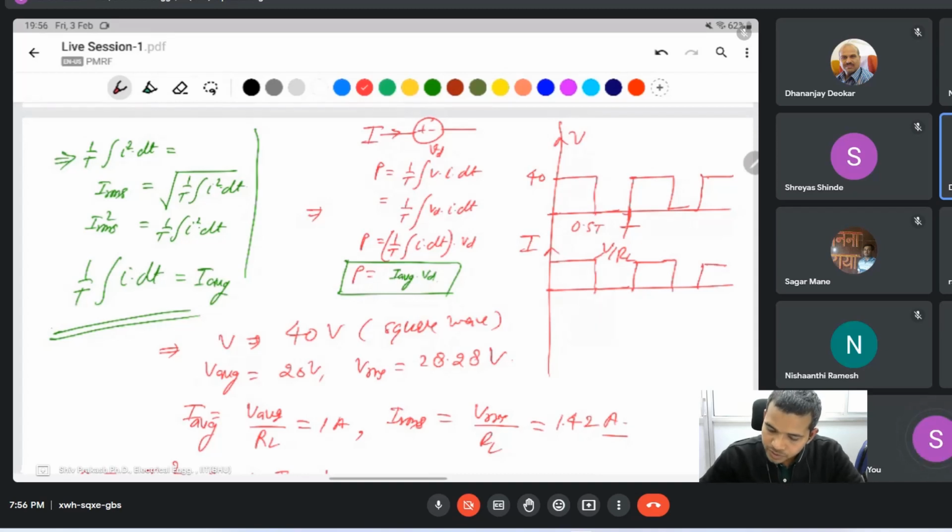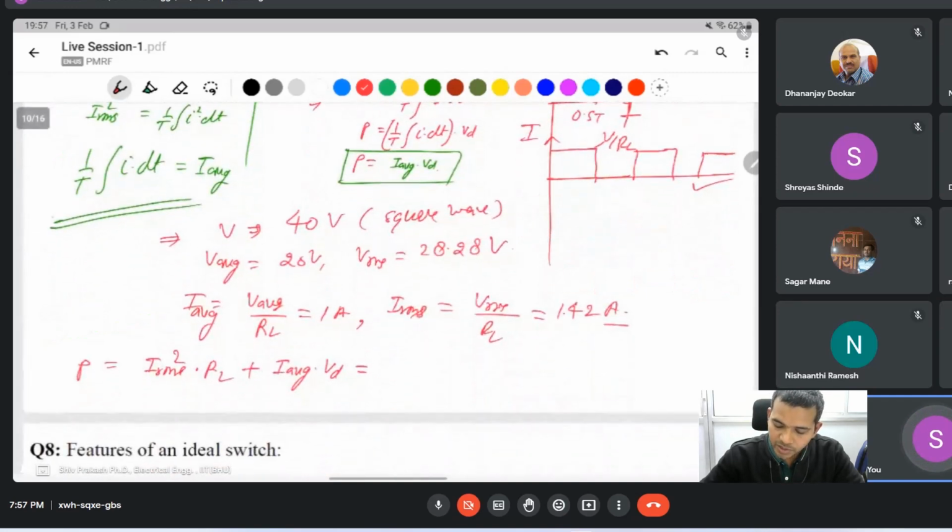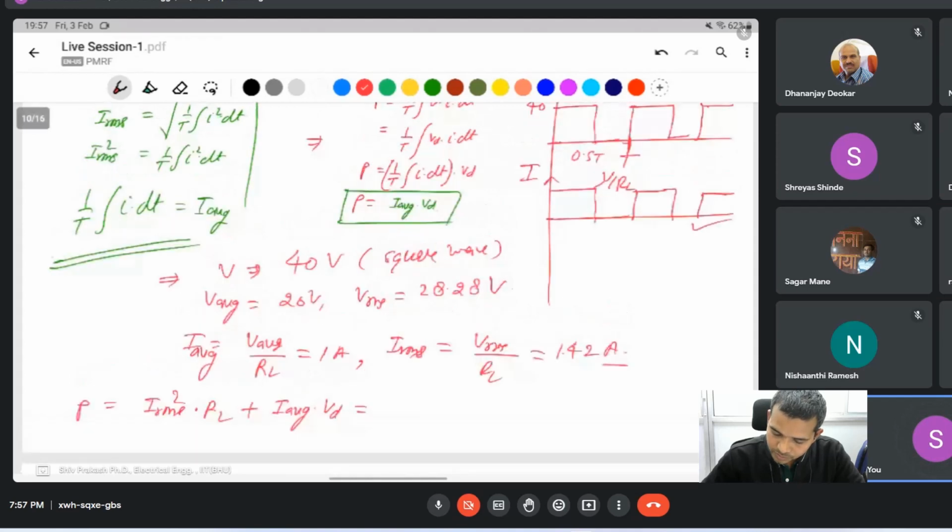After that, from these you find I average and I RMS. Then I average is 1 ampere and I RMS is 1.42 ampere. Then calculate the overall power, I RMS squared times RD.